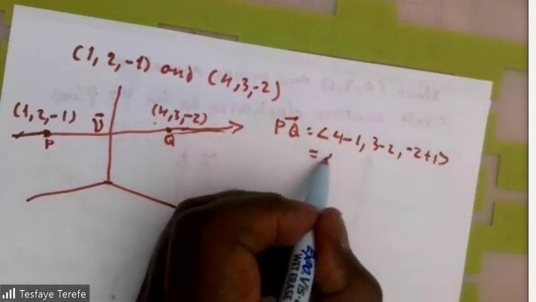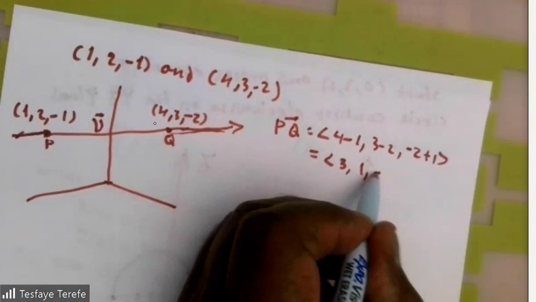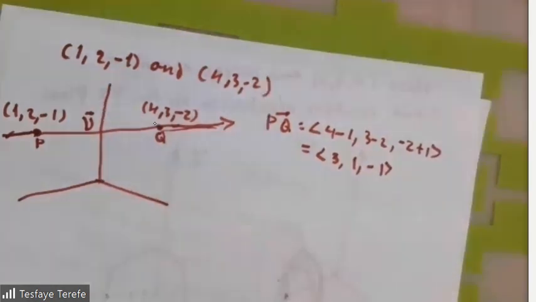And that will give me 3, 1, -1. Okay, I have this direction vector.